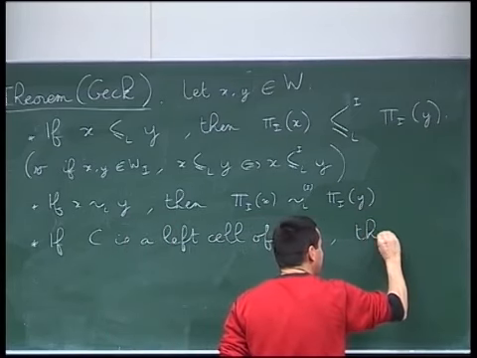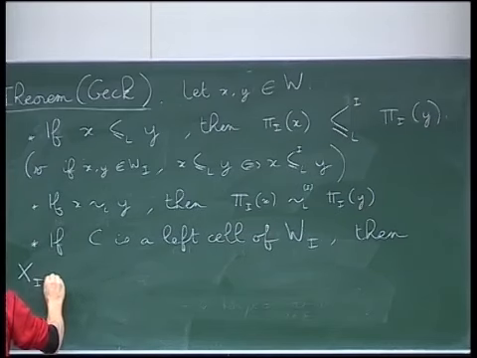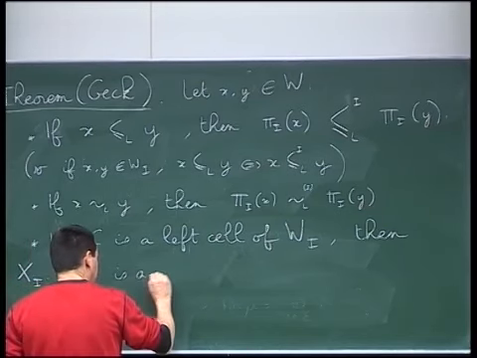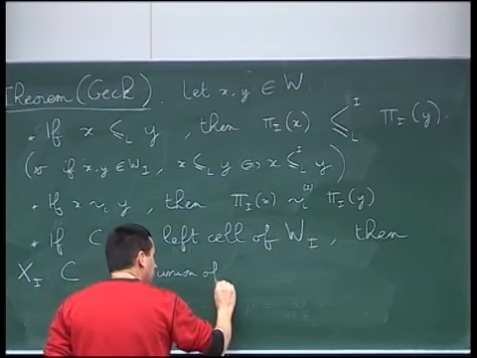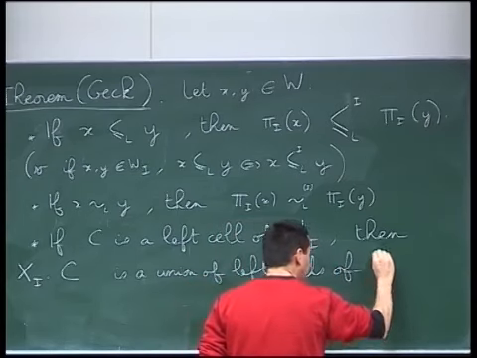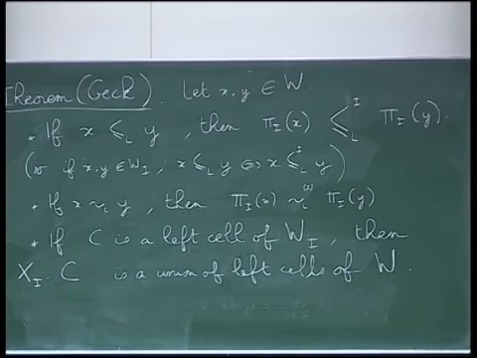Then this result tells you that if you multiply C by X_I, well, this is not a left cell, that would be too easy, but this is a union of left cells. So in some sense, it gives you an upper bound for the left cells.